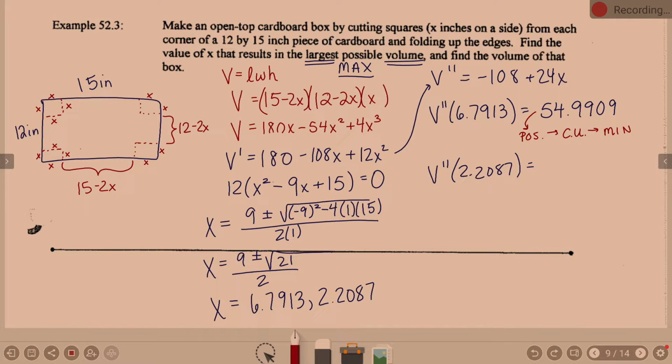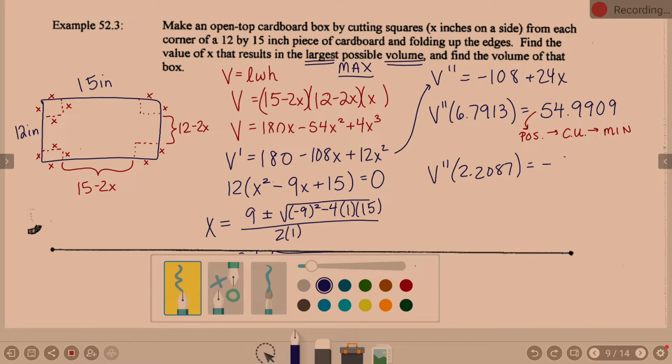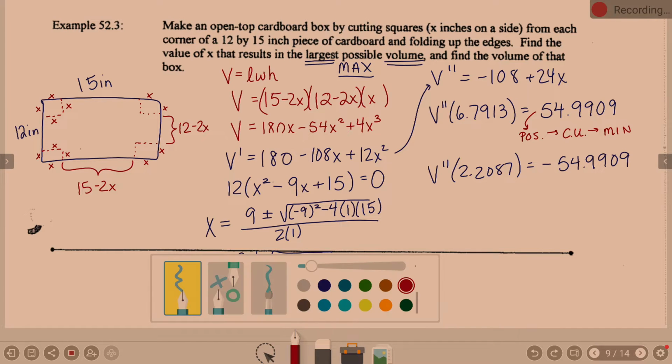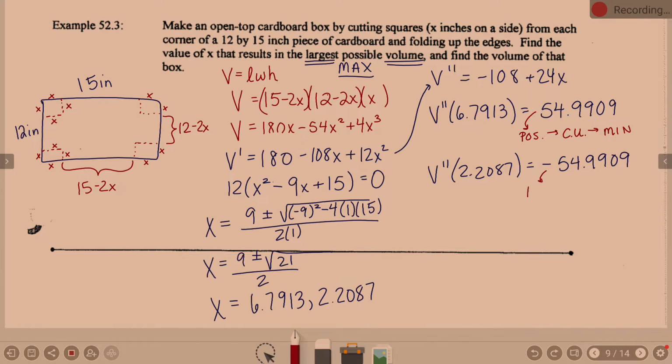So what we hope is that the other one's going to be just the opposite: negative 54.9909 or negative 54.9912, depending. Because this is a negative second derivative, it's concave down, and concave down means there is a max.